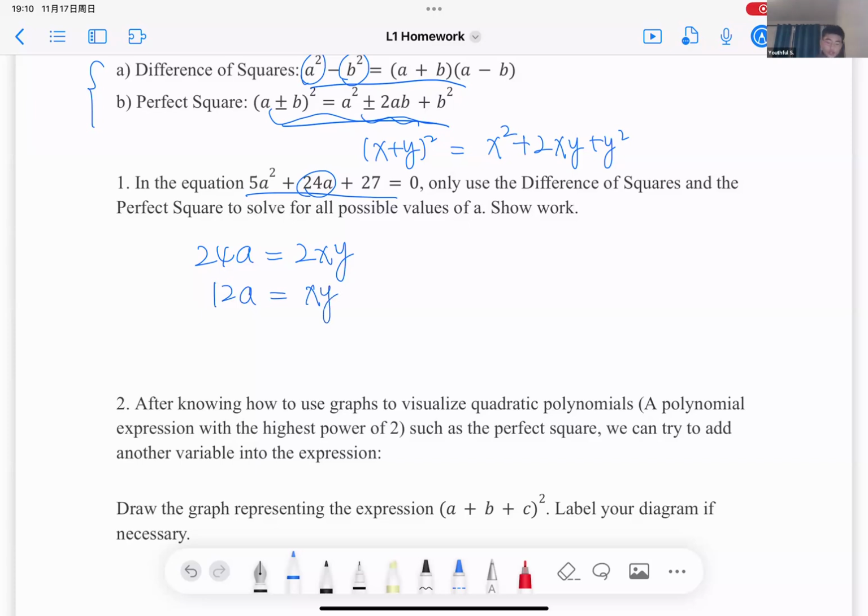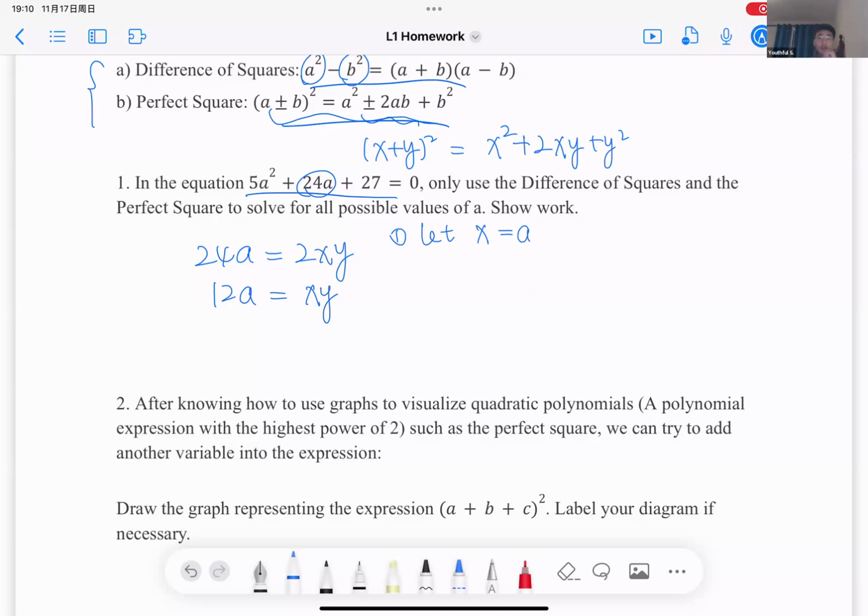So what is 12? 12 can be divided into 1 times 12, or 2 times 6, or 3 times 4. Well, that depends on the coefficient and the constant. Well, what if we first let x equal a?